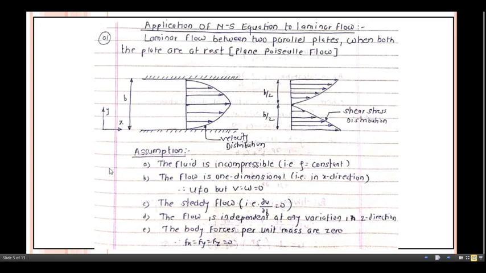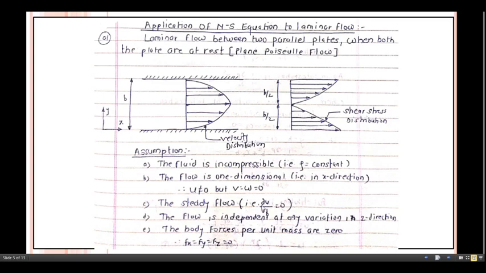So in this case, some assumptions are there. First, the fluid is incompressible, that is rho is constant. The flow is one dimensional, that is in the x direction. Therefore, velocity along the x direction is not equal to 0, but along the y and z directions must be 0, that is v equals w equals 0.